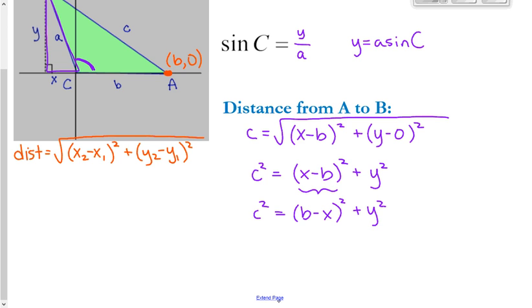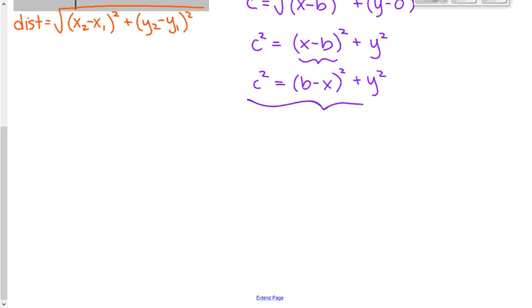And then for the rest of it, we would do exactly like what was done in the acute triangle case, where we replaced x with a cosine c, and we replaced y with a sine c, and you're going to end up with the exact same result. So that takes us through all the cases and proves the law of cosines for every triangle.